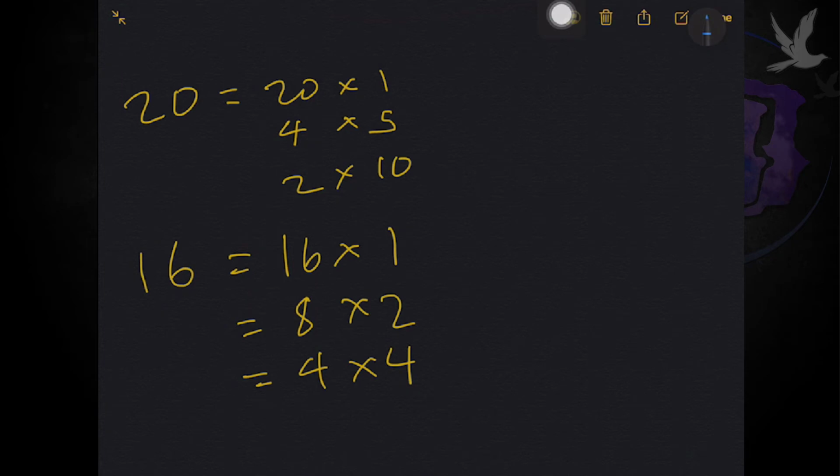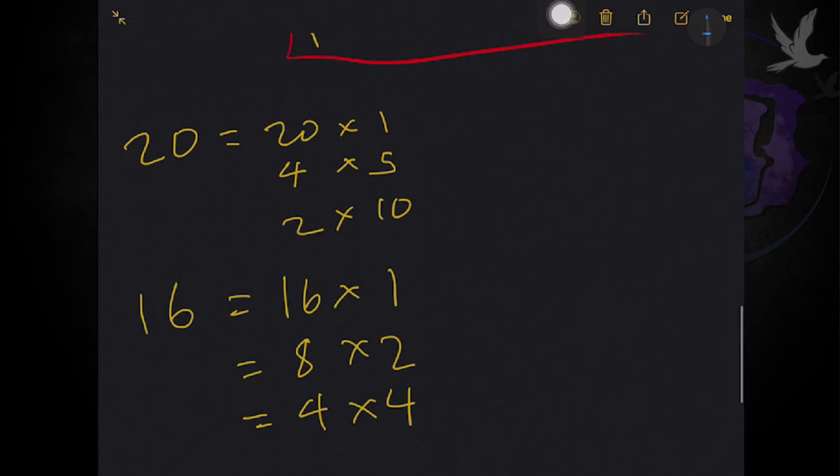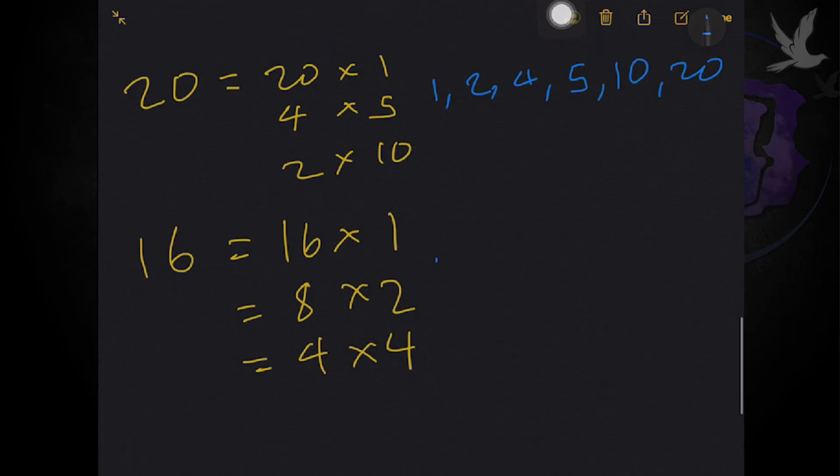Okay, from here, let's try to gather the information that we were able to collect. All you have to do is to line up all the factors of 20. It's better if you do it from smallest to biggest, in ascending order. We have 1, 2, 4, 5, 10, and 20. And for 16, we have 1, 2, 4. In this case, since we have two 4s, you don't have to write 4 and 4 again.